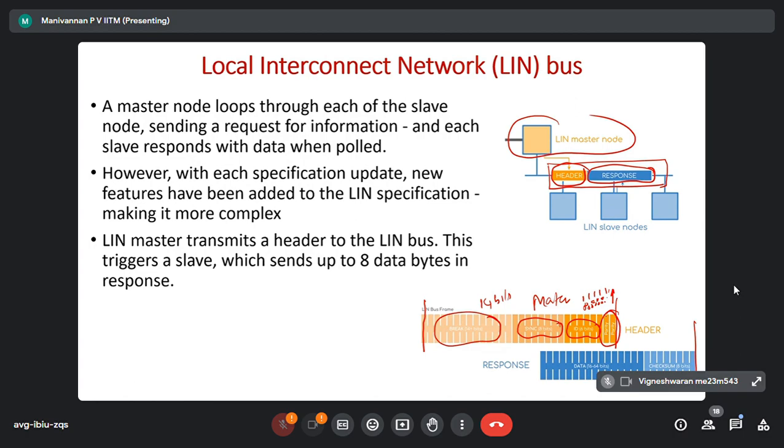Okay. Now the master is asking for data. What is it asking? The master wants this data. For example, message ID 32. Message ID 32 may be the window, whether the window mirror is down or up. Then the slave device which is connected will send the data.